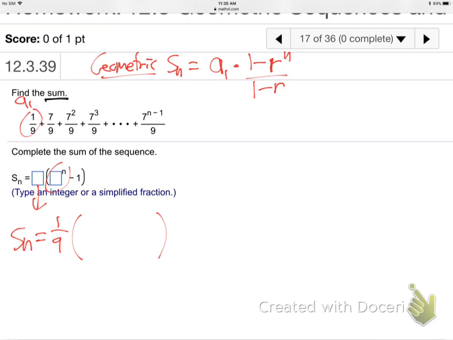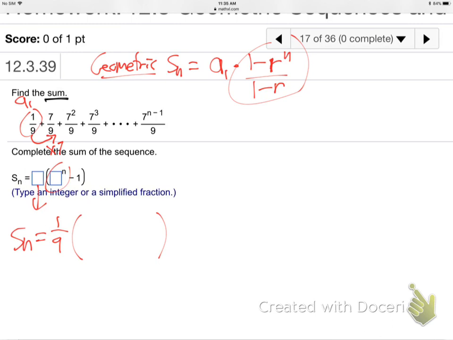We're going to have to do some algebra. What's the R? 7. Good job. So everybody see what's being done from term to term here? A lot of times people get confused by the 9. I'm glad you're not getting confused. Remember, it's only about what's changing. The 9 is not changing. They've all got a 9.